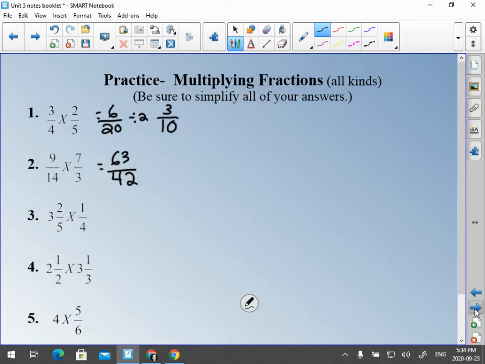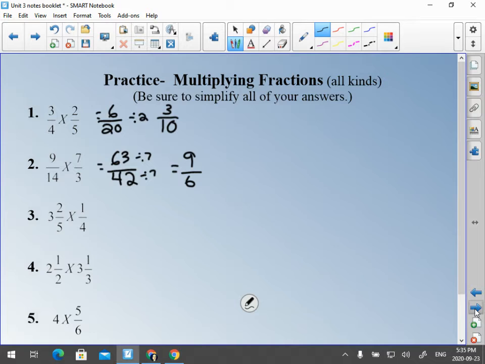You can either change it to a mixed fraction first, or you can do a division first, whichever is easier for you to process. I know that 42 and 63 are both multiples of 7. So I'm going to start by dividing them by 7, because 63 divided by 7 is 9, and 42 divided by 7 is 6. This is a lot smaller, and it's easier to work with.